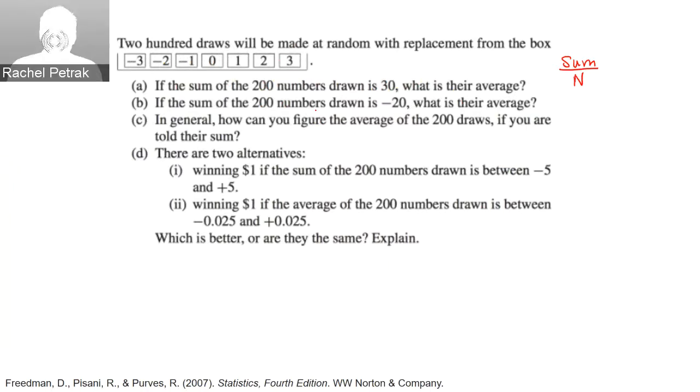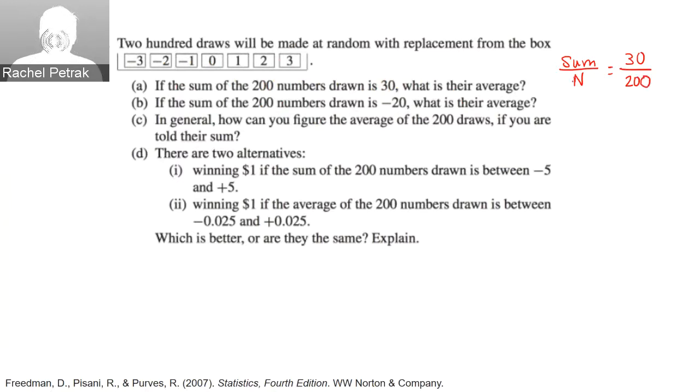We have to think about this as our sum out of our total number of trials, or the n.